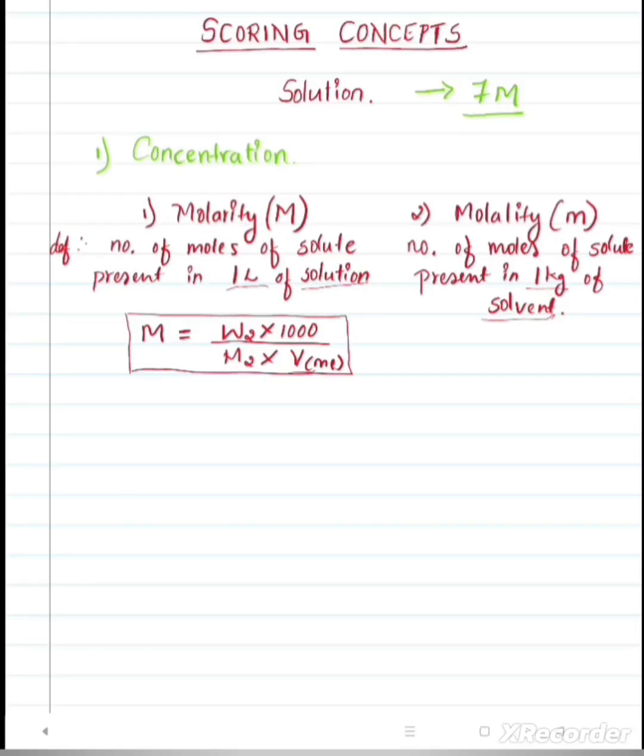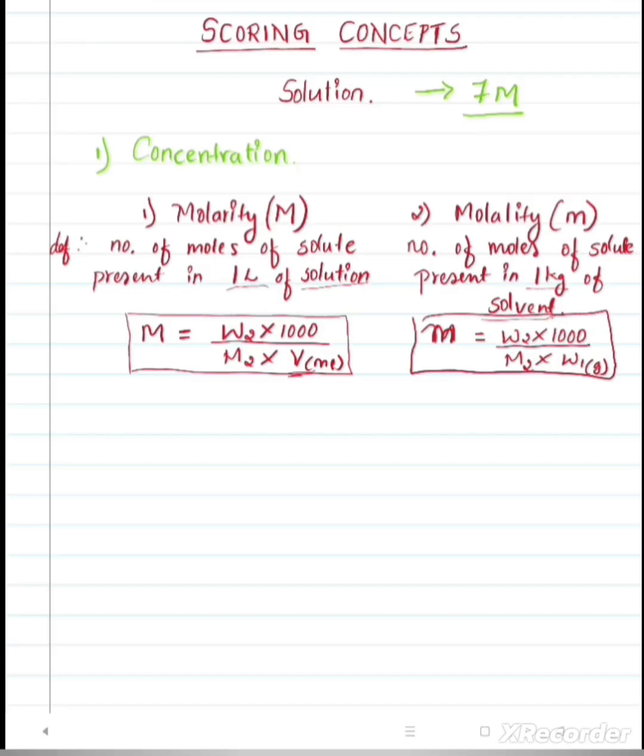Next, for molality, that is small m, m equals W2 into 1000 divided by M2 into W1 in grams. Here the difference is that one uses volume and this one uses weight of solvent.